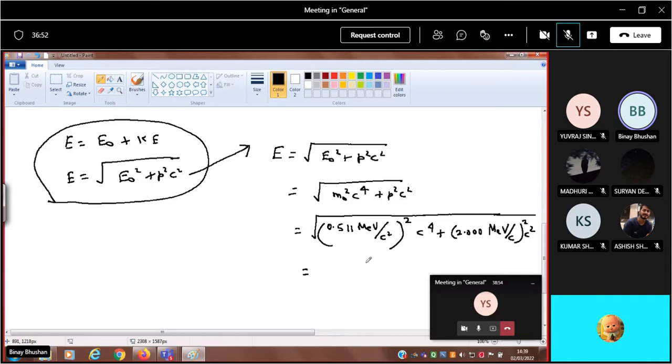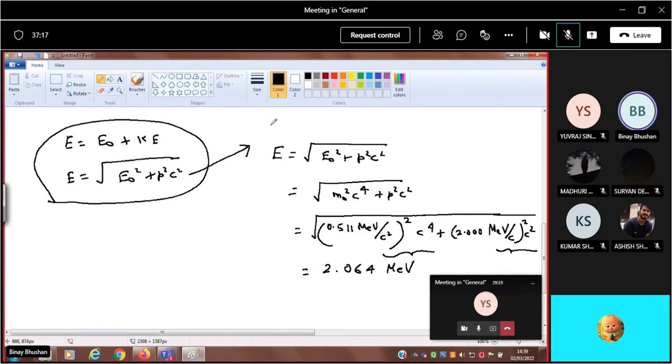You can see that c4 will cancel, and c square will cancel, and I will have mega electron volt square under the square root sign. So finally we will have mega electron volt. So the question has been solved here: 2.064 mega electron volt.